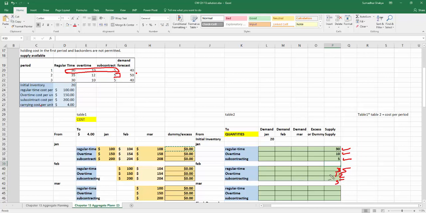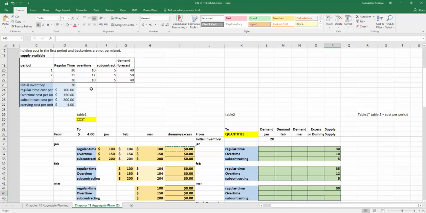Okay. We've already put the demand at the end of the columns. Okay, let's see. So equals to 35, equals to 12, equals to 5. Now for the third period, same process.